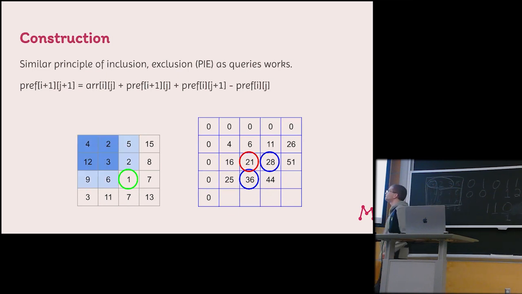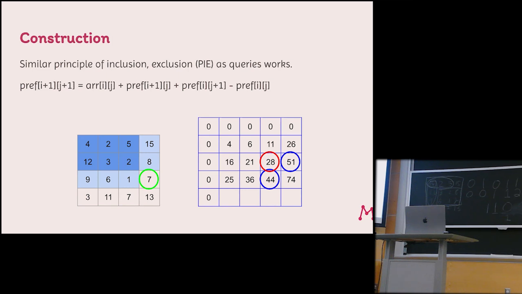Let's say we've already computed some of the values in the prefix sum array. Let's say we've already computed everything other than 74, and we want to compute this value. That corresponds to this entire rectangle, correct? Since we've already computed this 44 and this 51, the 44 corresponds to the sum of this rectangle, and that 51 corresponds to the sum of this other light blue rectangle. We could add those together to get most of the things in the bigger rectangle, but we will count all of these values twice.